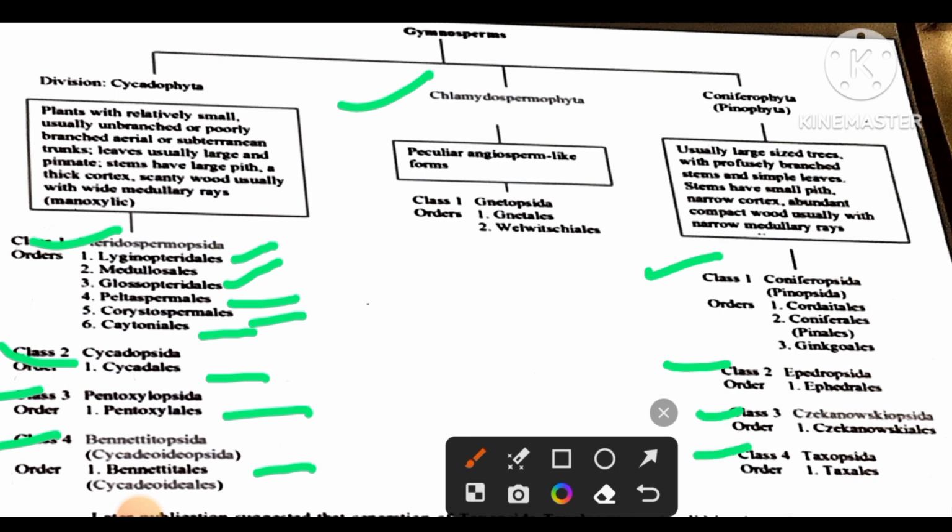Coniferopsida was further divided into three orders, that is the Cordaitales, Coniferales, and Ginkgoales. Ephedropsida has the Ephedrales, Zygoischiopsida has the Zygoischiales, and class Taxopsida has the order Taxales.